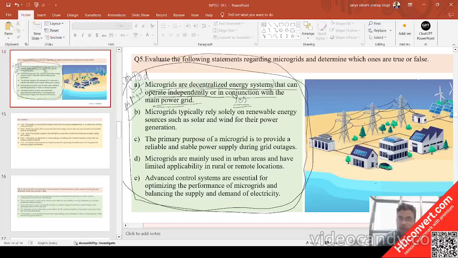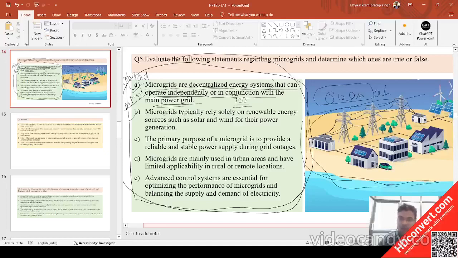Here I have given an image on the right side, which is not fully visible, but you can see this is a part which is inside of the ocean. There is a microgrid setup in the center or any other part in the deep ocean, in the outer part of this ocean.